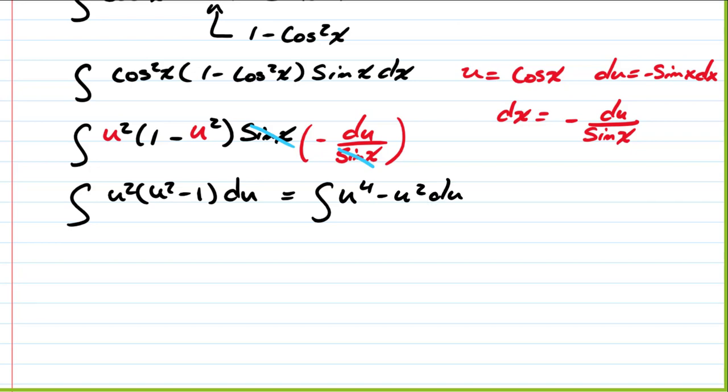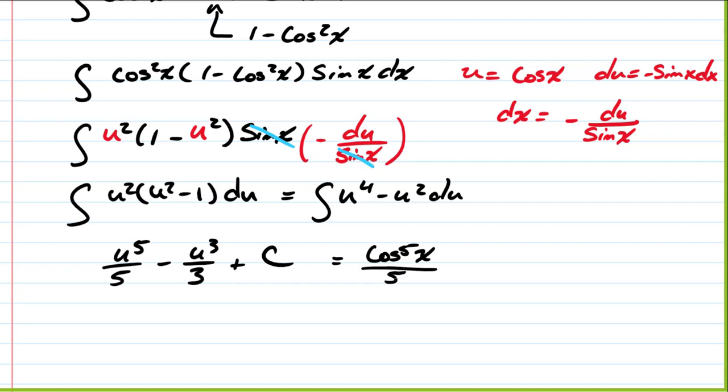And now it's just a polynomial. So we love that antiderivative. It's u to the fifth over 5 minus u cubed over 3 plus c. And we end up with cosine to the fifth x over 5 minus cosine cubed x over 3 plus a constant.